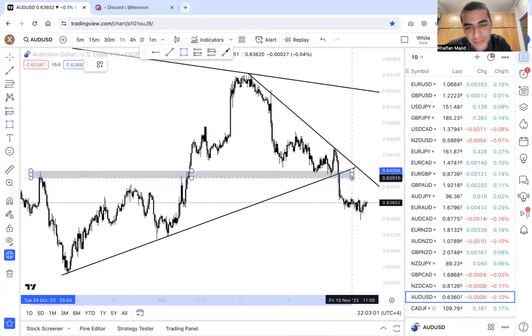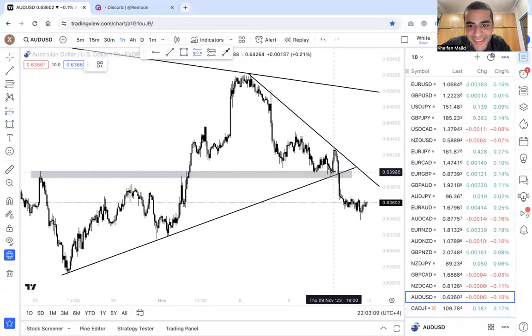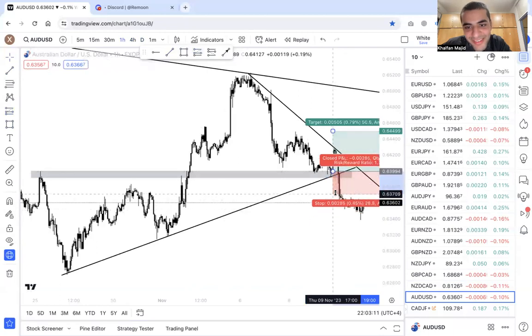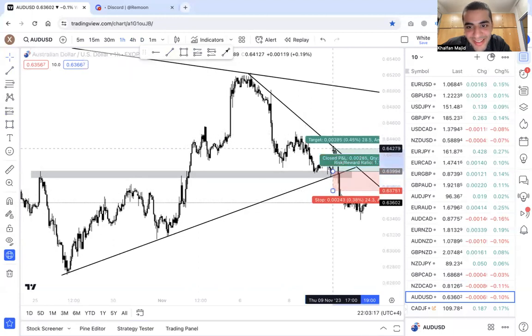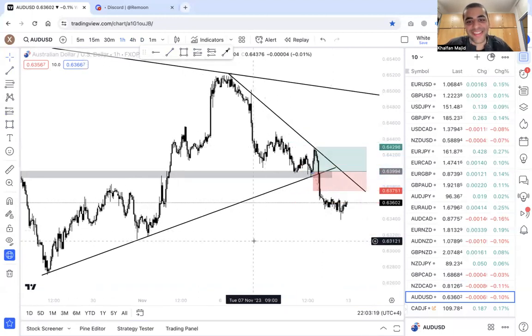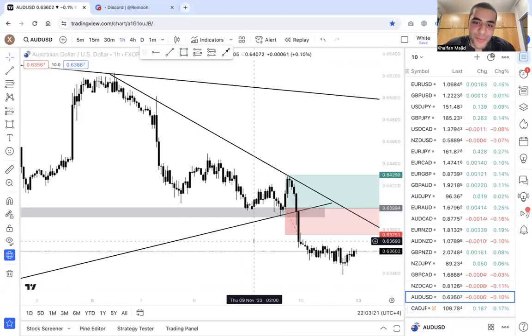You just trade it, but in this trade I will actually be depressed. Let's say I went a little bit below the zone. I would be depressed in this trade, but I would still win anyway.